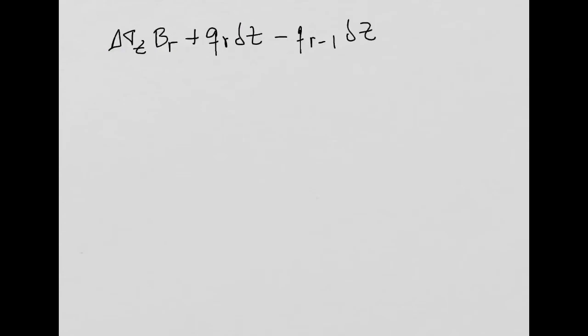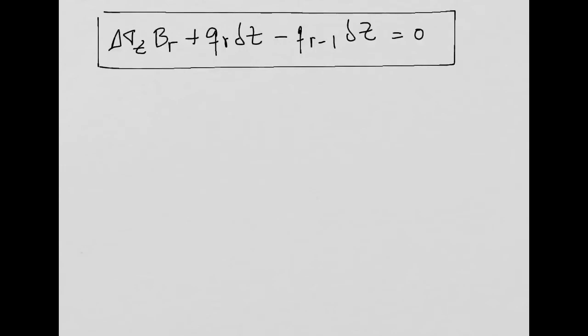And this needs to be equal to 0, isn't it? Is this correct or not? So this is the equation we obtained from the equilibrium of the boom.